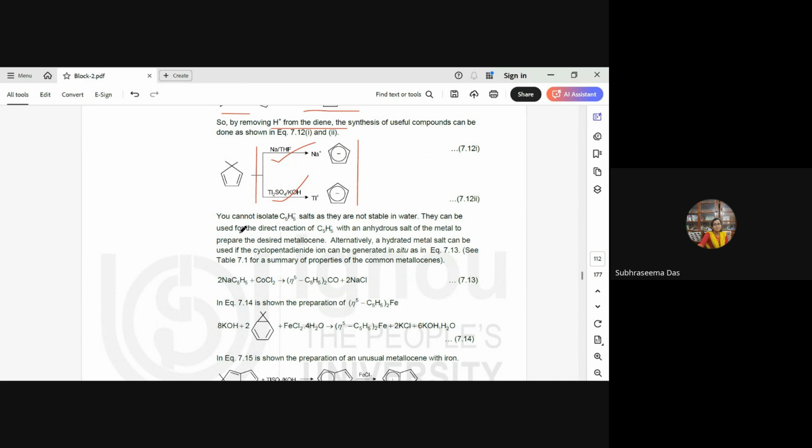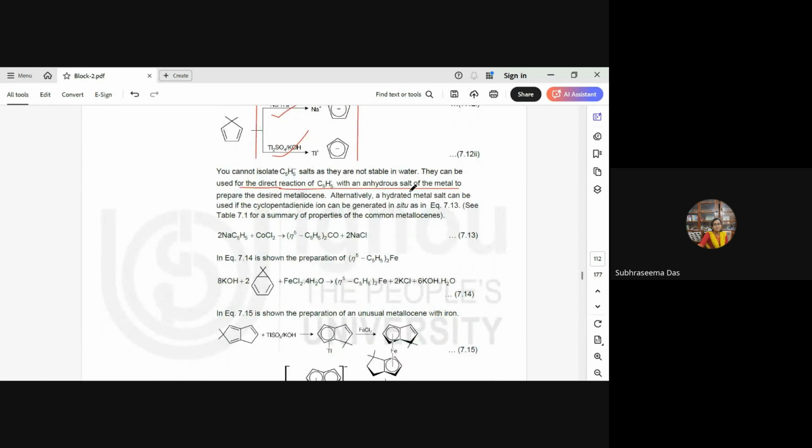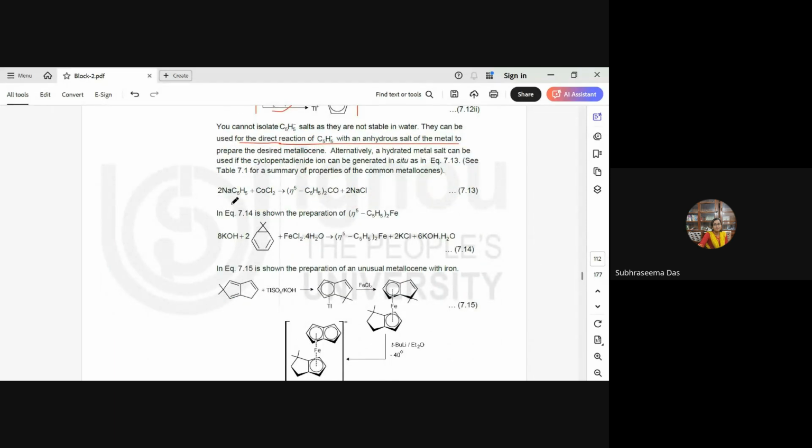They can be used for the direct reaction with an anhydrous salt of the metal to form the respective metallocene. Alternatively, a hydrated metal salt can be used if the cyclopentadienyl ion is generated in situ. So here we see sodium C5H5 plus CoCl2.